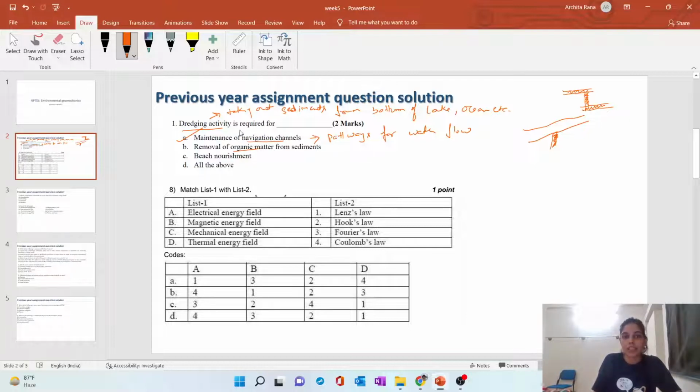Now, as I said, at the bottom of any lake or ocean, we have organic matter, because first we have a lot of phytoplankton and zooplankton, and they die over time. When any marine organism or plant dies, its remains settle and enrich the bottom sediment.